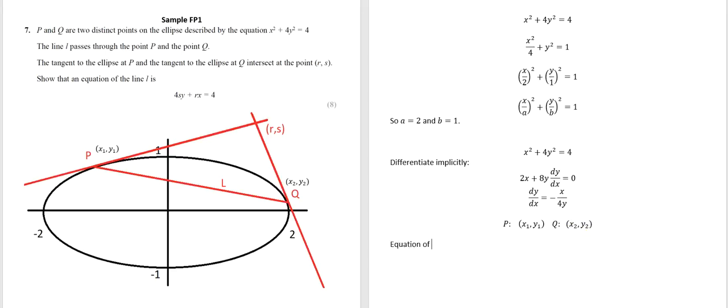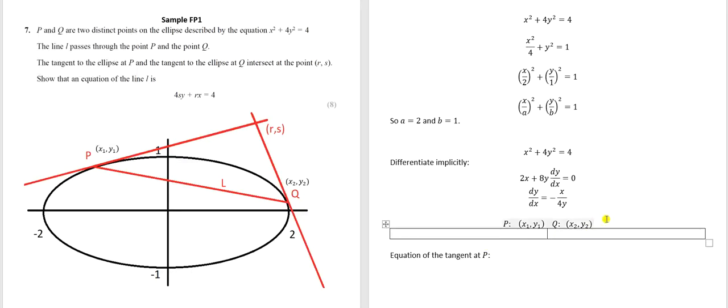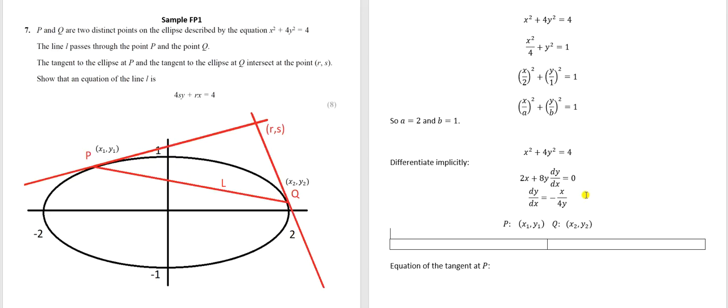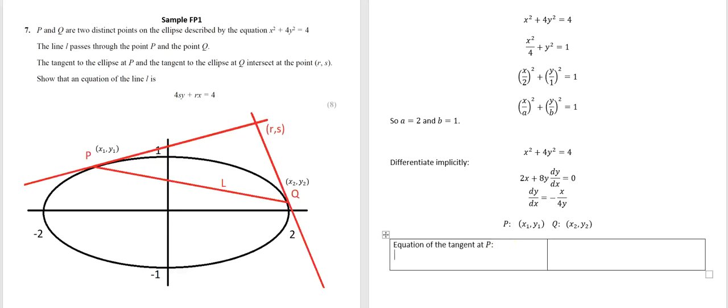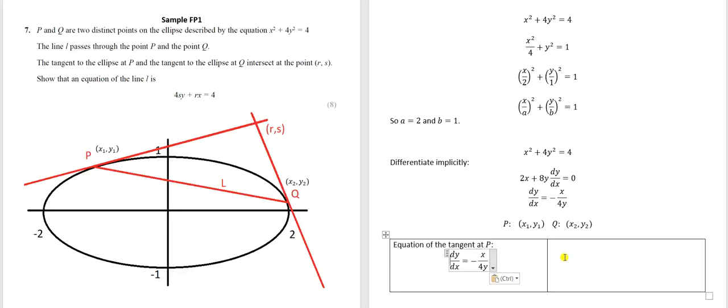So we need the equation of the tangent at each of those points. So we'll start with the equation of the tangent at P. And because we've already found the gradient at any given point, that's going to be helpful for us. So for the equation of the tangent at P, we'll be able to use the gradient function that we've computed.